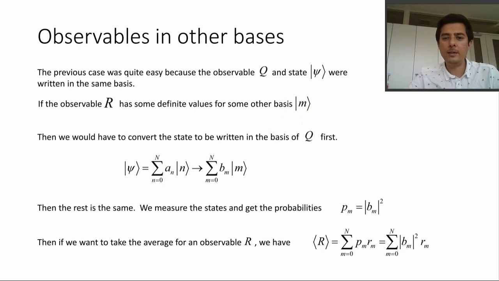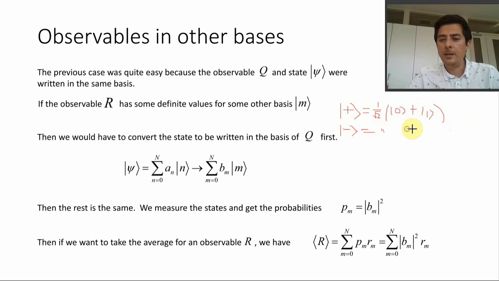So just to give you a quick example, maybe this R was written in some basis where, for the qubit, remember those states that we were dealing with, where the plus state was 1 over root 2, 0 plus 1. And then there's also the minus state, which is basically the same state but with a minus sign.